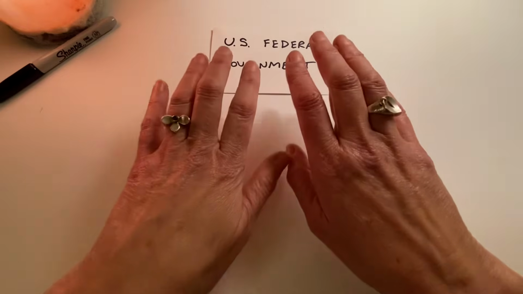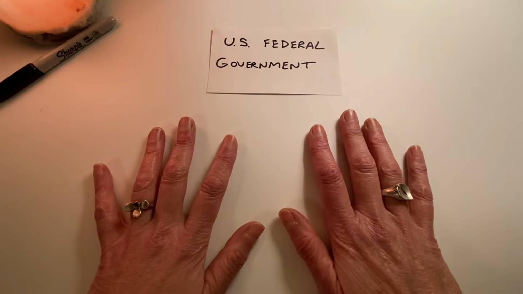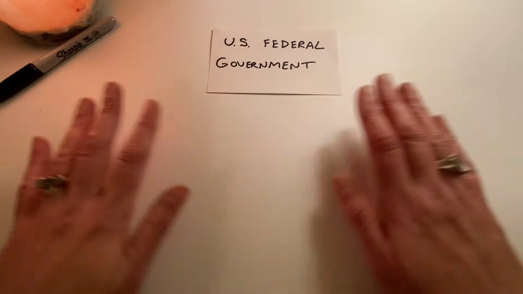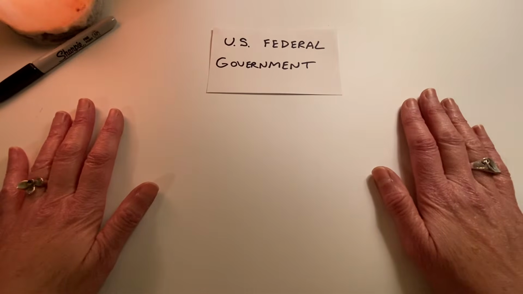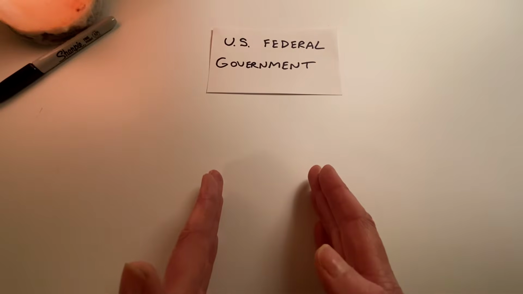So the way the government is set up, the Constitution provided a separation of power. We have 3 branches of government, so that not just one branch has full power.